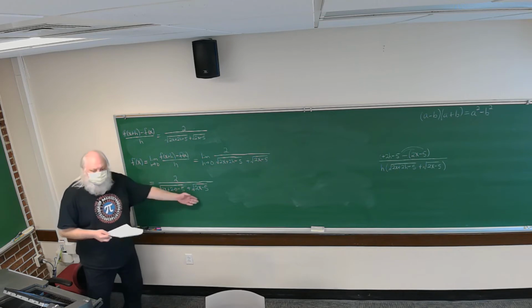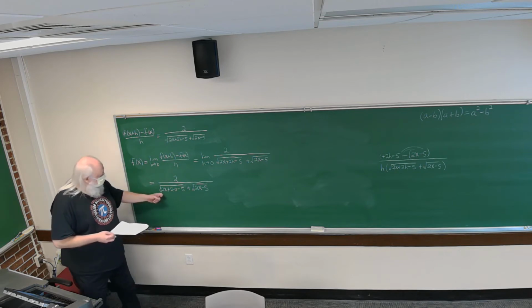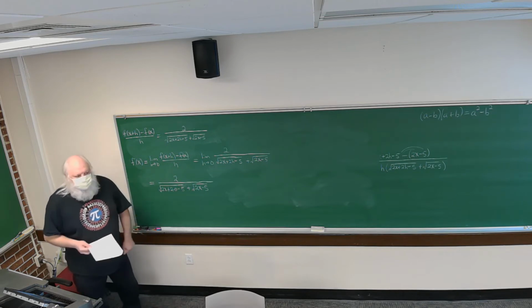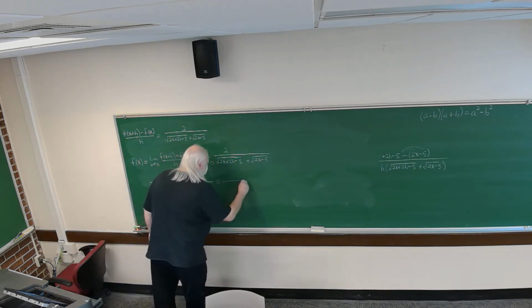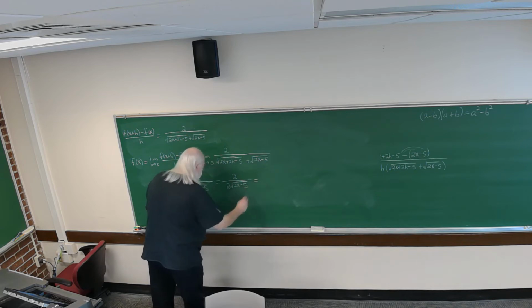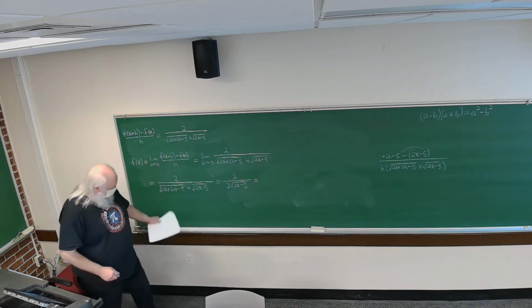Those are like radicals, so this denominator is equal to 2 times the square root of 2x minus 5. Well, the 2's cancel.